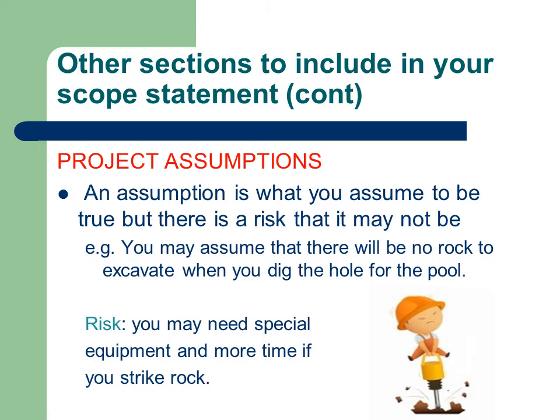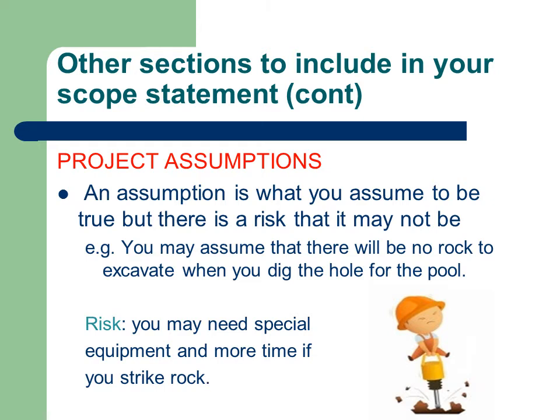Project assumptions. As you define the scope of work, you will encounter unknowns for which you don't have answers. For example, you may assume that rock won't be encountered when the ground is excavated for the pool. This won't be known until excavation starts, but could add extra time and cost to the project.